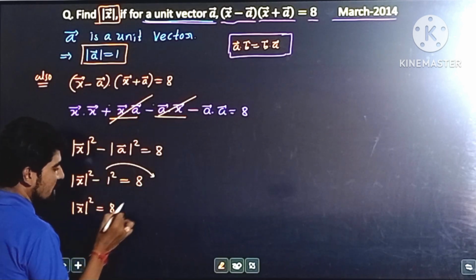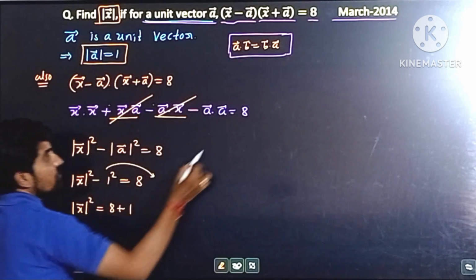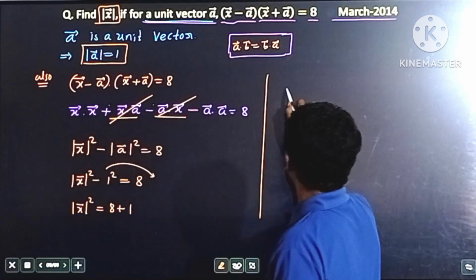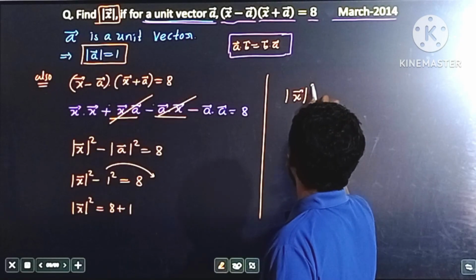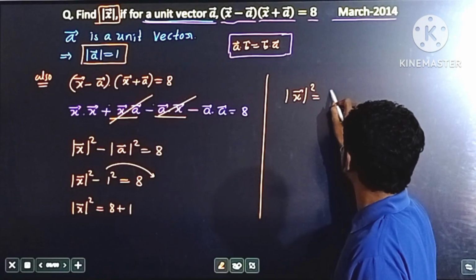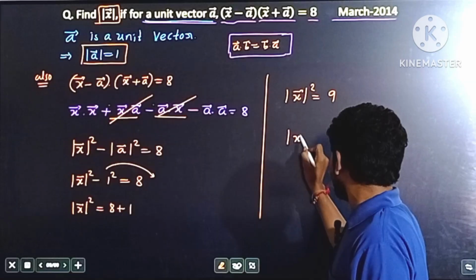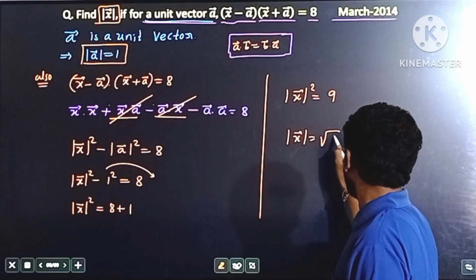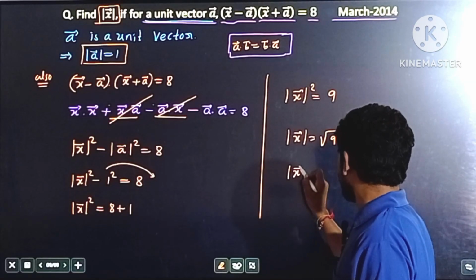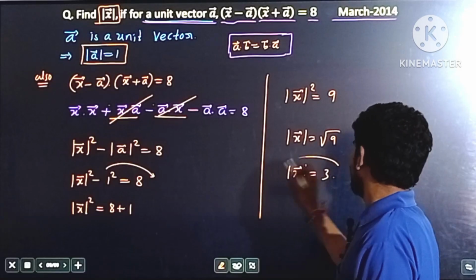Shift this minus 1 to the right side, plus 1. So finally magnitude of x vector square is equal to 8 plus 1, 9. Therefore magnitude of x vector is equal to root 9. Hence magnitude of x vector is equal to 3.